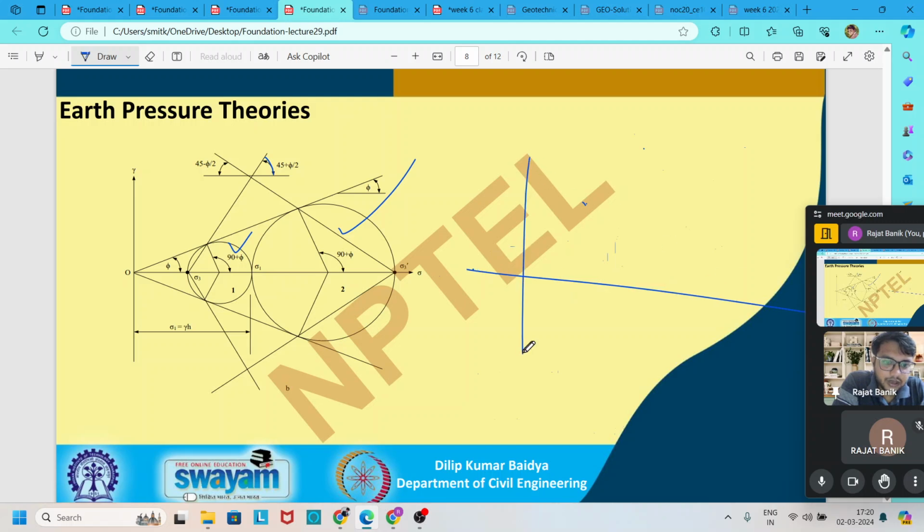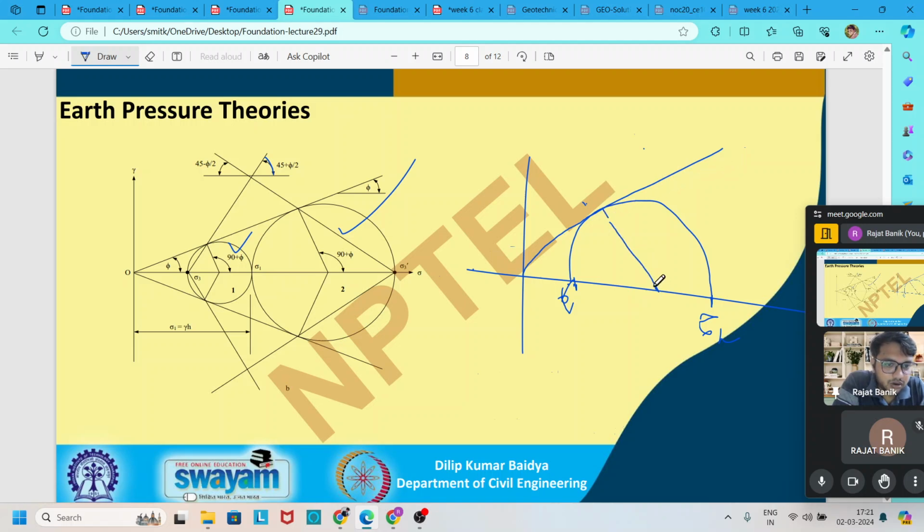So in passive case, the sigma h is on the right side and sigma p is on the left side, because Kp is greater than 1. So here it is sigma h, here it is sigma p. Again, one line is drawn which is just tangential to this Mohr circle.